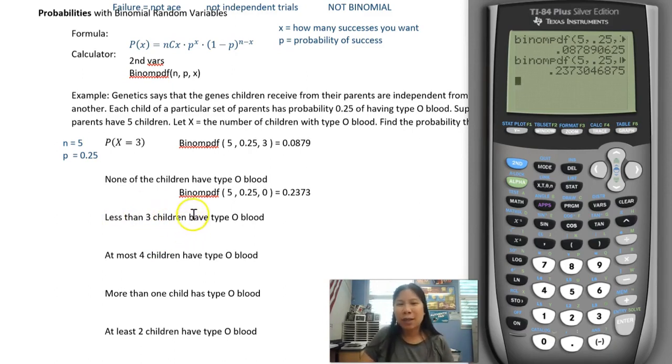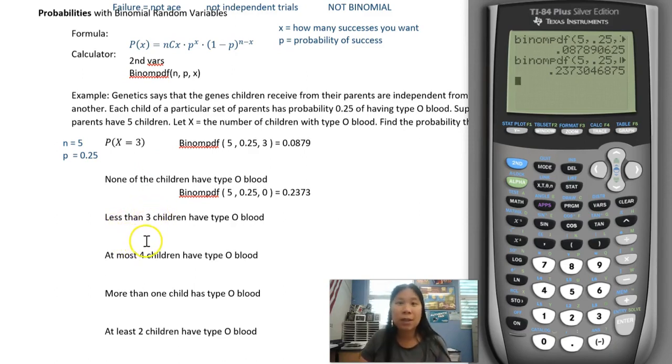When we deal with binomial problems, the smallest number you can have as the number of successes is 0. Because it doesn't make sense to have like a negative number of successes. So 0 successes is the smallest you can have, and then it goes all the way up to whatever N is, because that's like the max amount of successes you can have. So here we're looking for less than 3, so we're always going to start at 0, and then we want 1 and 2.